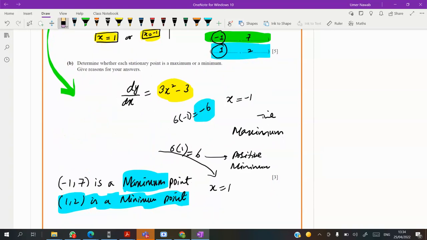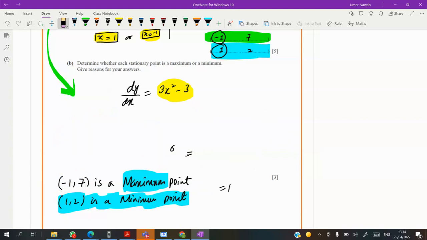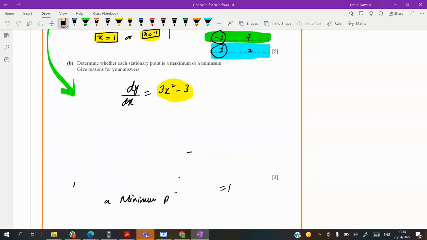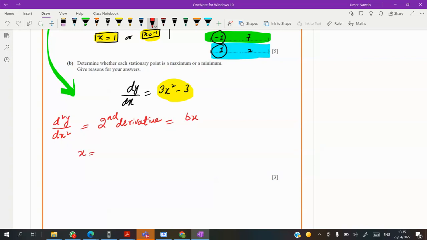In the final exam, how do you solve it? Let me erase everything and do the work neatly. You just find the second derivative, or you can write d squared y over dx squared. What is the second derivative? It's 6x. Now when x is equal to negative 1, your second derivative is negative 6.